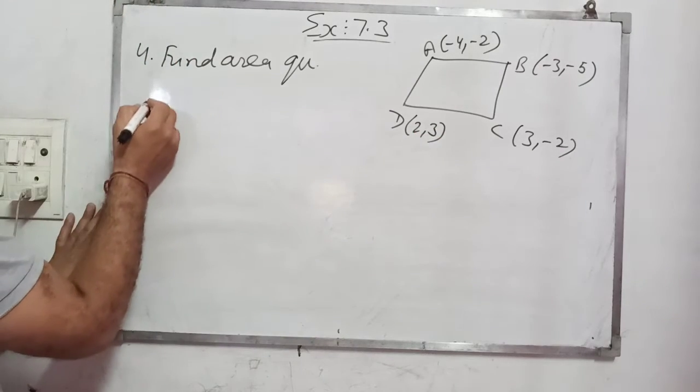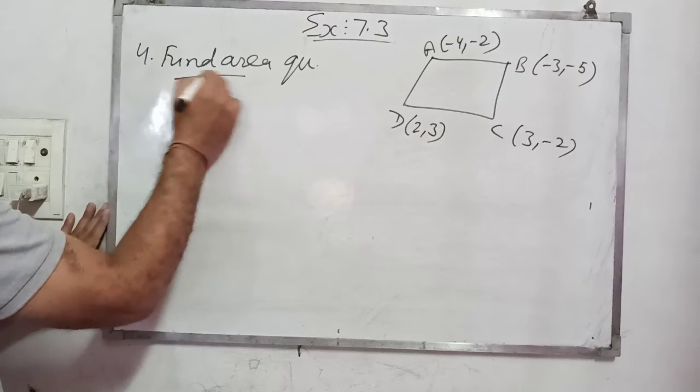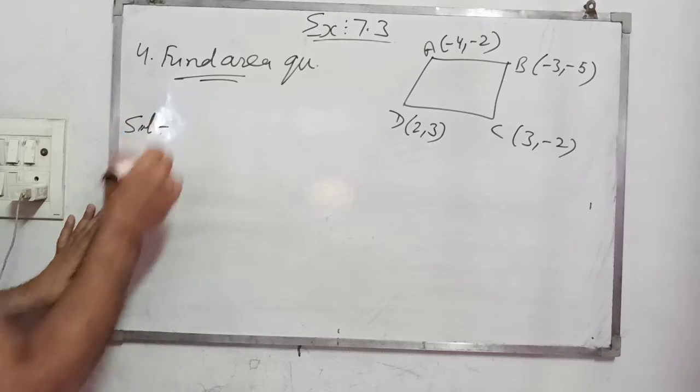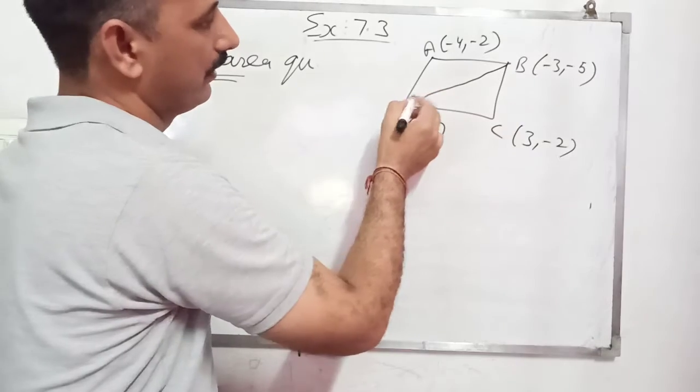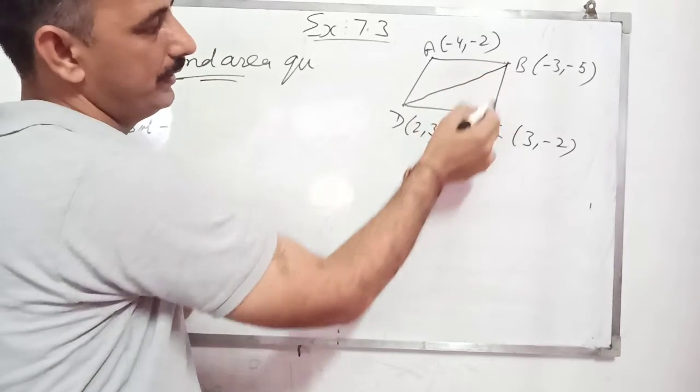To find the area of the quadrilateral, we can do it in two ways. One is to make two triangles, first ABD and BCD.